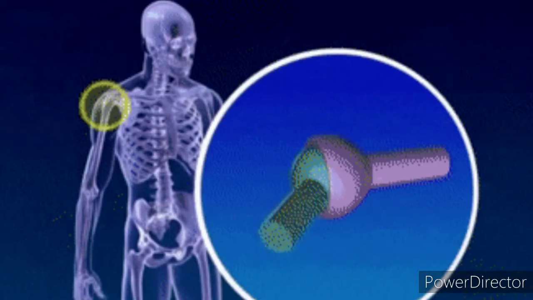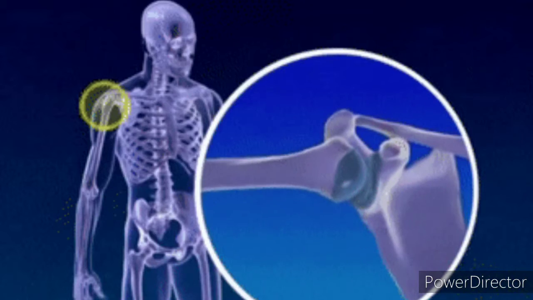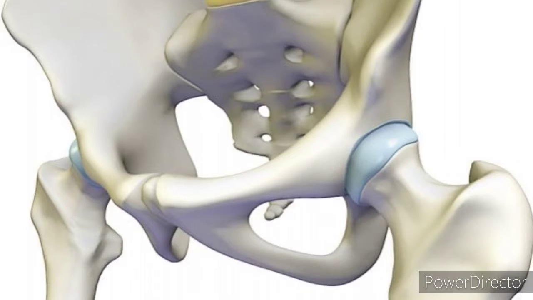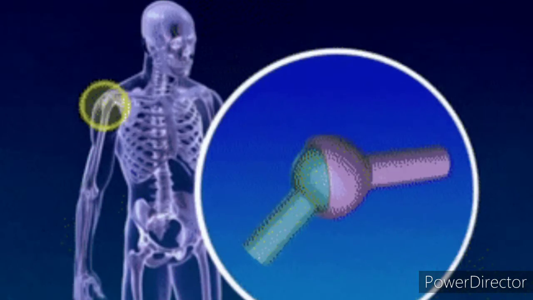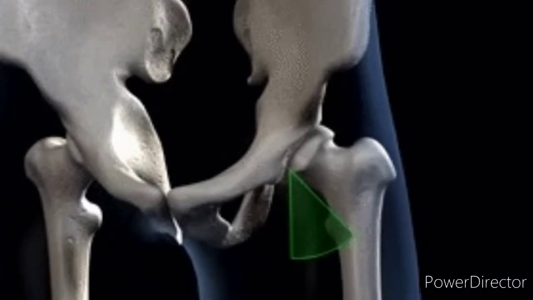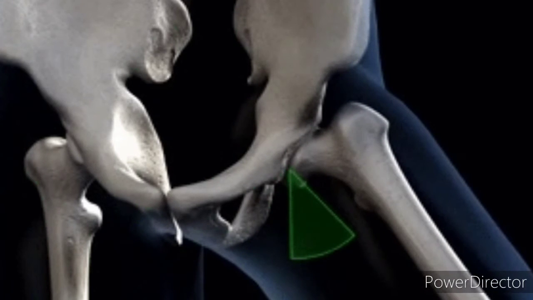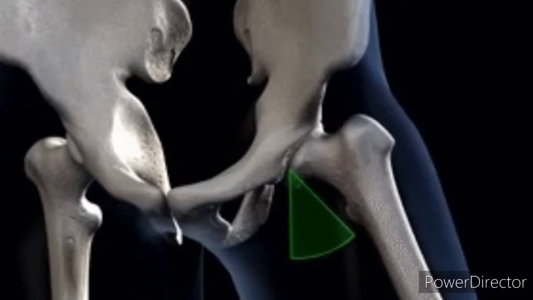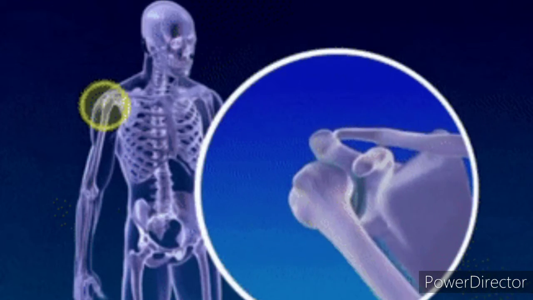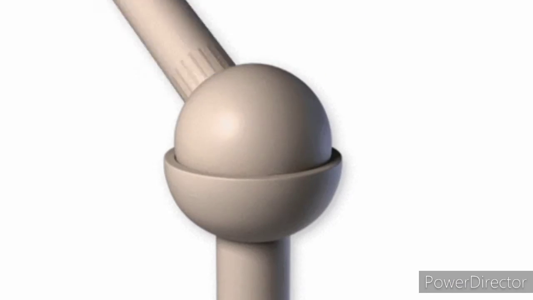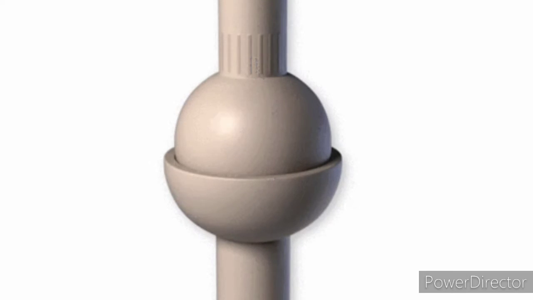It is present in the hip and the shoulder. We are able to do up and down movement in our shoulder because of the ball and socket joint. In a ball and socket joint, one bone has a cup-shaped ending, and the other bone is sort of like a socket.